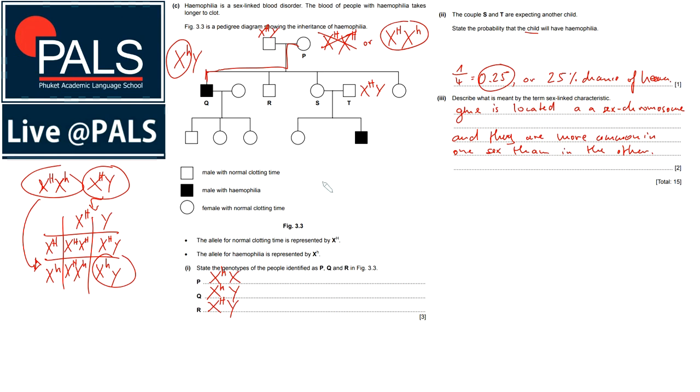But usually it's recessive ones, so it's the men that are more affected by sex-linked characteristics. Another example besides hemophilia would be color blindness. And there are a lot more men that are colorblind than there are women that are colorblind.